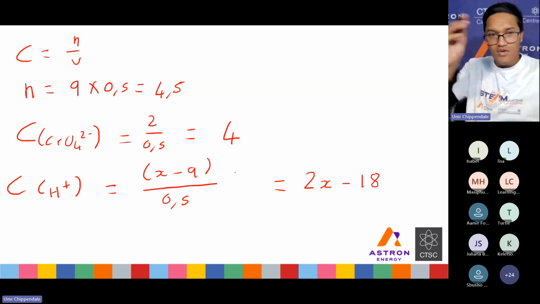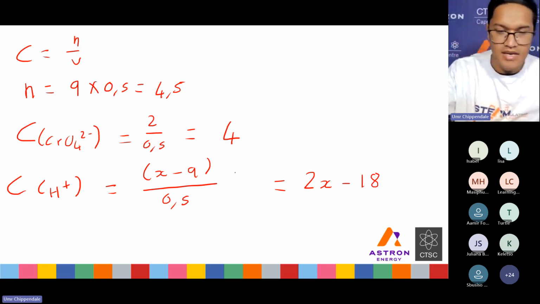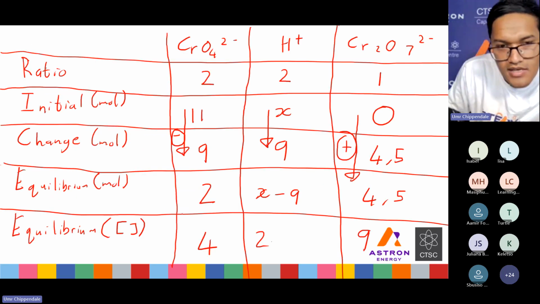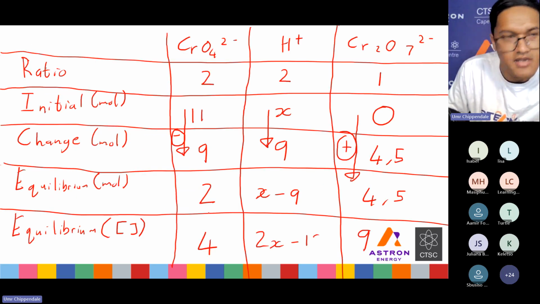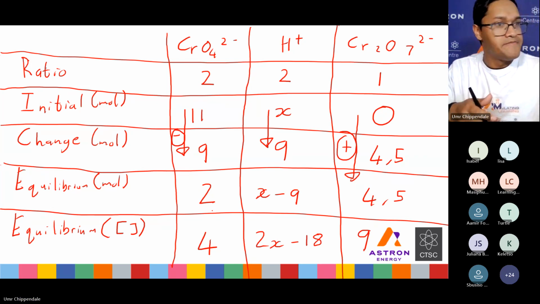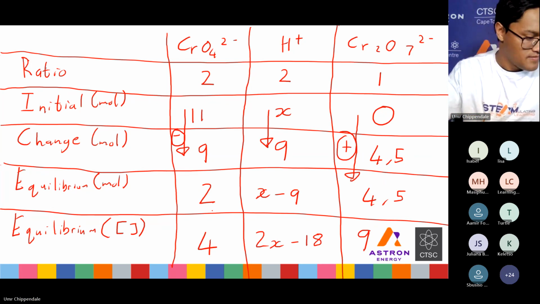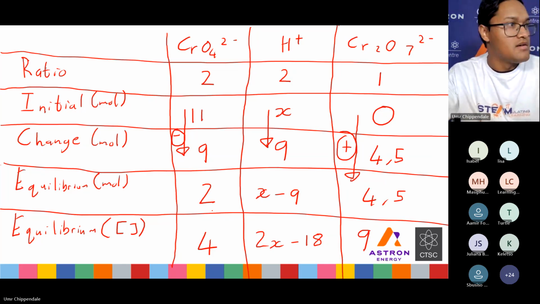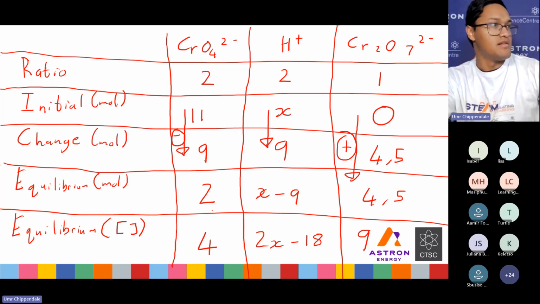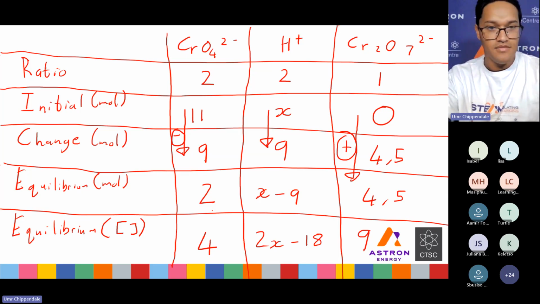So please do not forget about that middle column. So that's 2x minus 18. And we'll write that over here. 2x minus 18. Is everyone still following along with me? Can you guys give thumbs up? So we have this. Perfect. So this is what we've done with our RICE table. All right. So we have this so far.